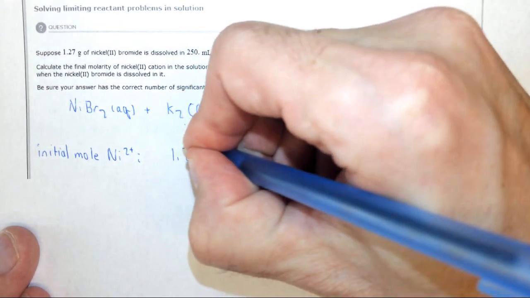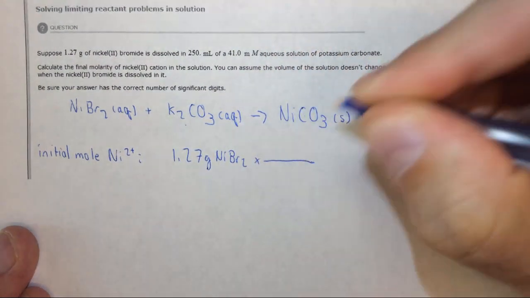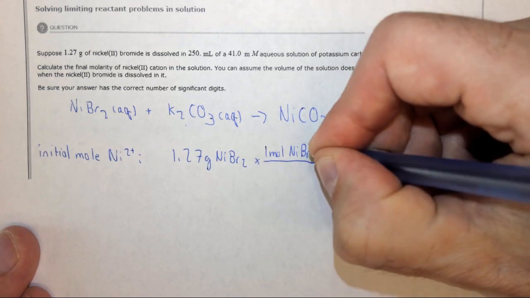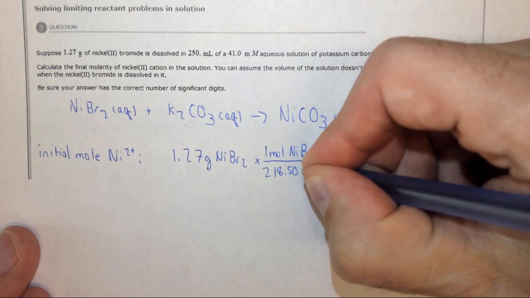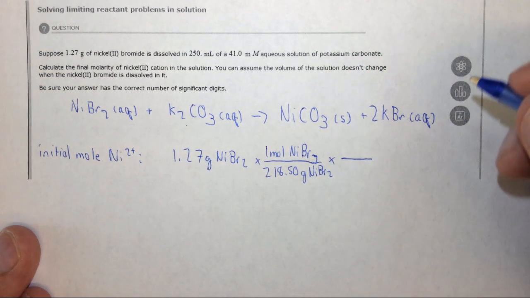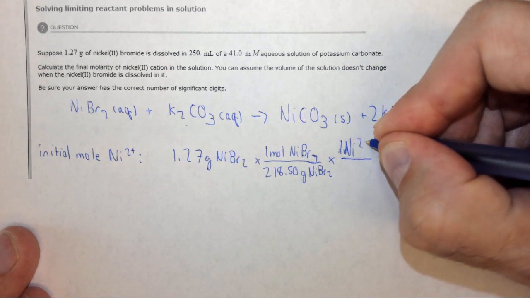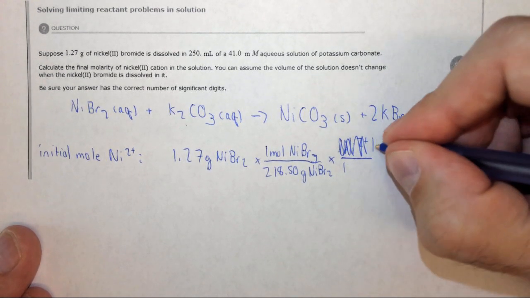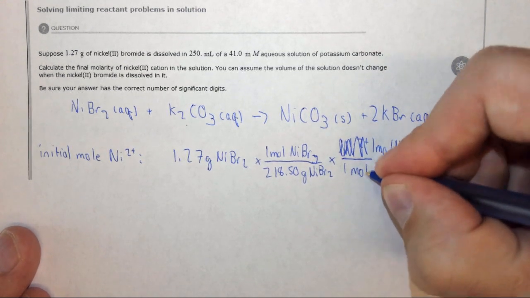So we want to find how many moles of Ni2+ are in the solution. So we take 1.27 grams of NiBr2 and we convert it to moles. 1 mole of NiBr2 per its molar mass, which is 218.50 grams of NiBr2, times, we want to know the amount of nickel 2 plus. Well, there's 1 mole of Ni2 plus for 1 mole of NiBr2.